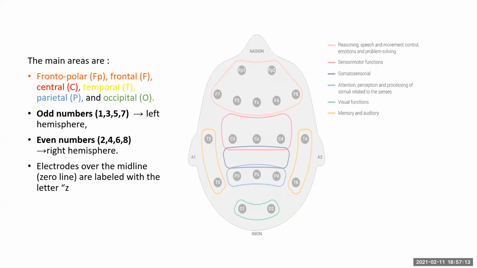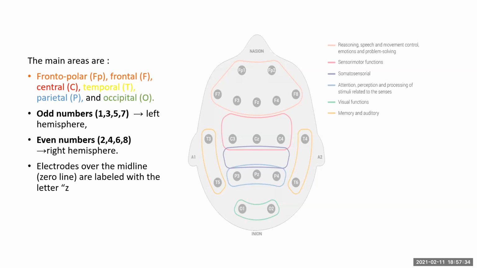So we know that our cerebral cortex has different lobes. For example, we have frontal lobe, central lobe, temporal, parietal, and also occipital, right? Actually, we will place the electrodes based on different lobes in the cerebral cortex.